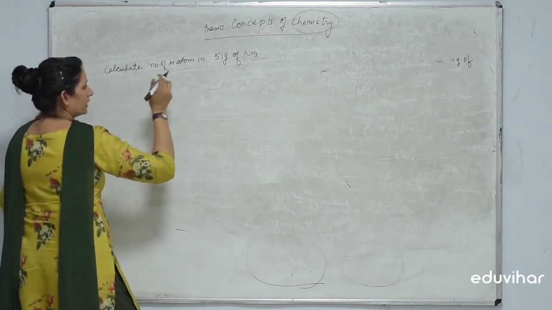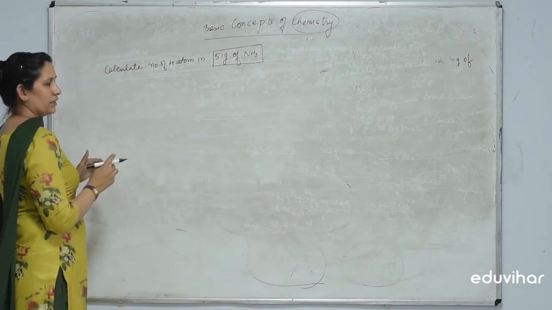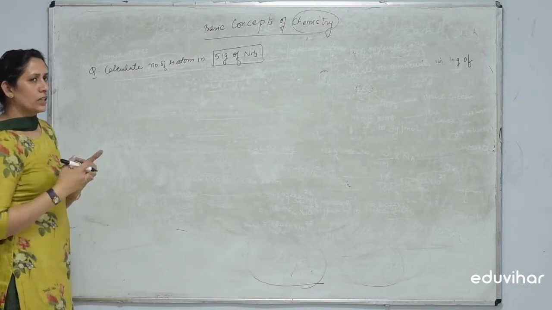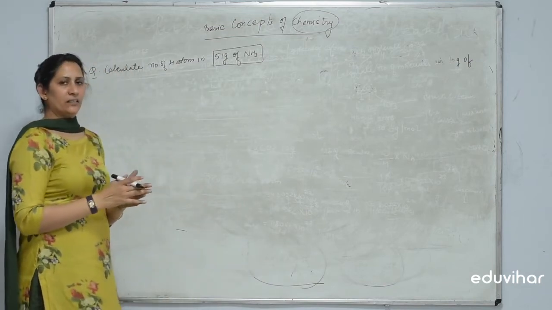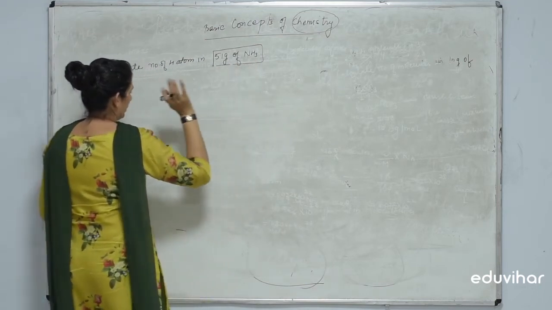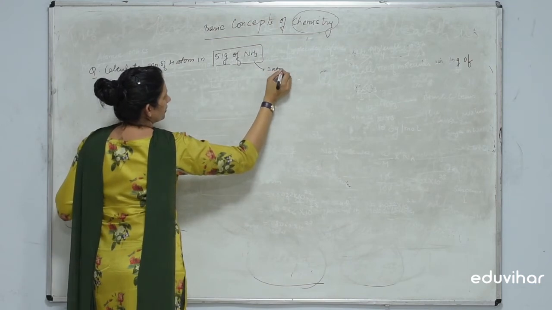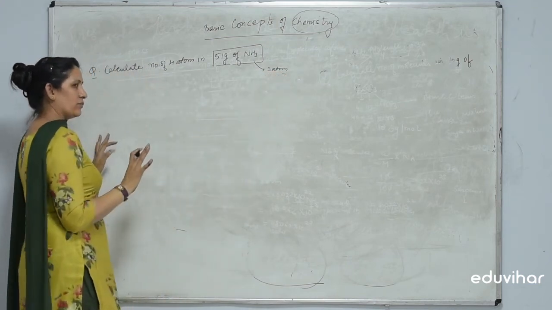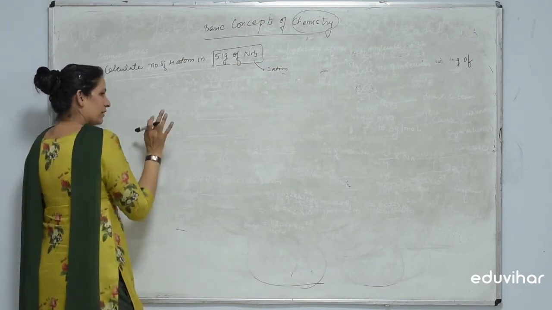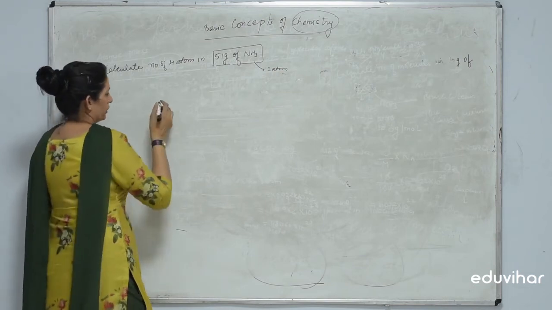We have to calculate how many molecules of ammonia are present. Whenever we read the question, first we have to find out how many molecules of the given substance we have. We have 51 gram of ammonia, and this ammonia contains 3 hydrogen atoms per molecule. First we find out the number of molecules in 51 gram of ammonia.